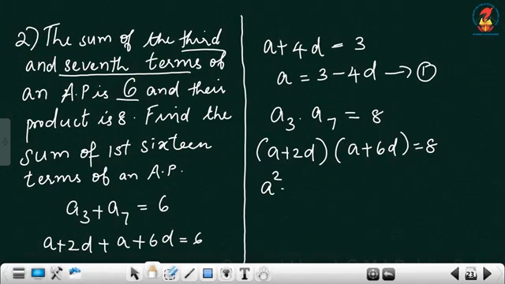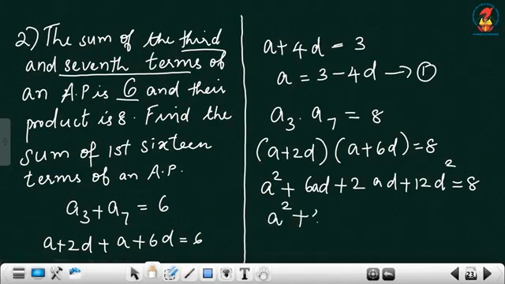So we are getting a square plus 6ad plus 2ad plus 12d square is equal to 8. So when you add these two, we are getting a square plus 8ad plus 12d square is equal to 8.